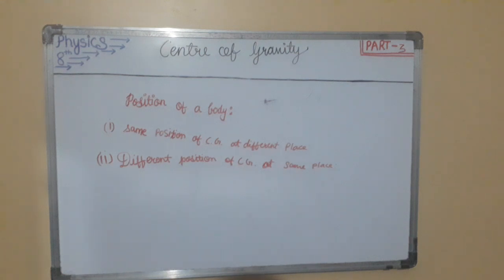Consider the same body and tilt it. When the body is tilted, the distance between the center of gravity CG and base D on which it rests changes even though the body remains in the same place. Its position changes. Conclusion: if the height between the center of gravity and base changes, then the position of the body changes.